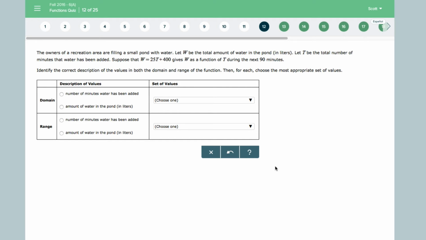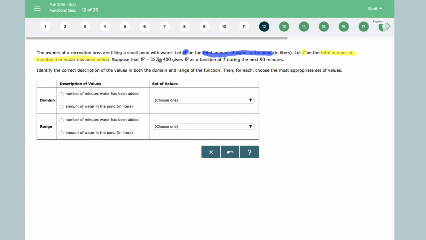Number 12, same question. Let's go through and see if we can find the same information. So right here, we're going to let W be the total amount of water. Okay, and then we're going to change and let T be the total number of minutes the water has been added.